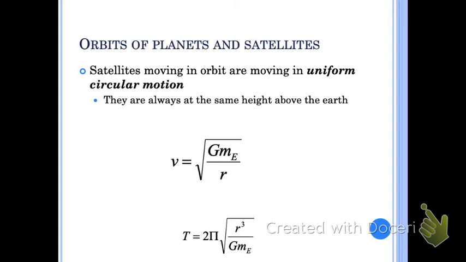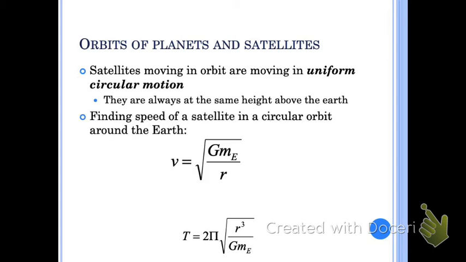If I wanted to find the speed of the satellite that's in circular orbit, I'm going to combine these two equations, basically. There's a lot of math between these two equations, but I narrowed it down to what you need at the end. Here's what our equation comes to. On your equation sheet, I would make a separate little section for satellites and put these two equations in there.